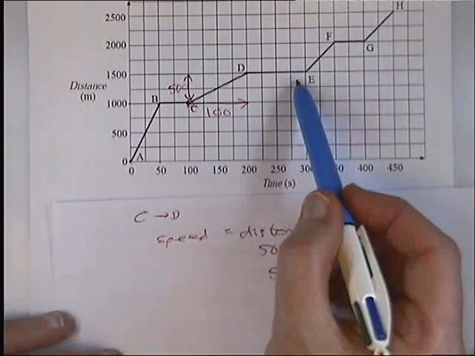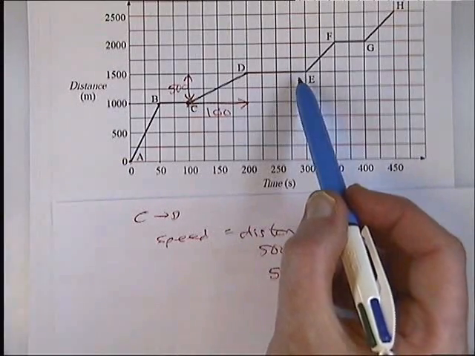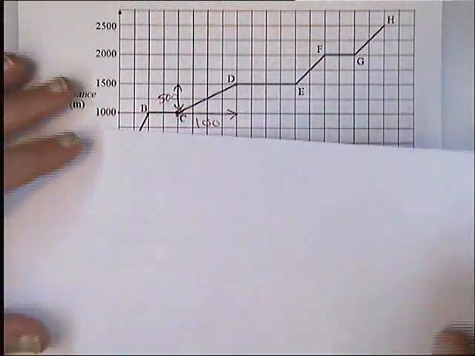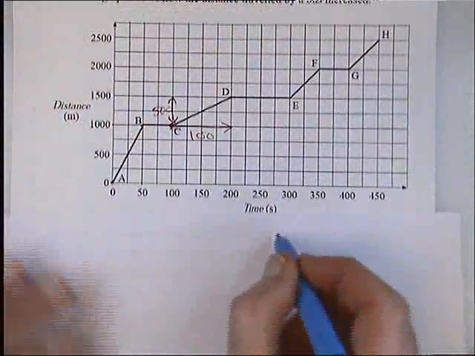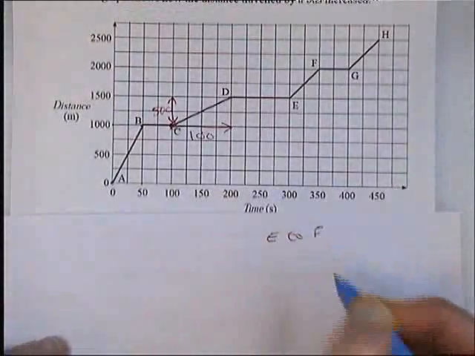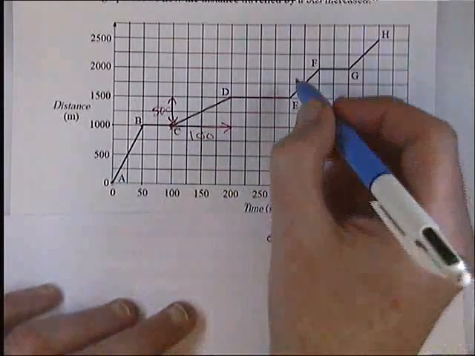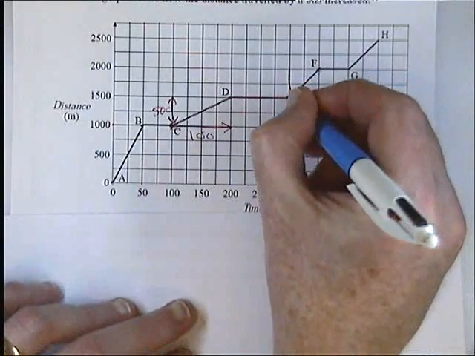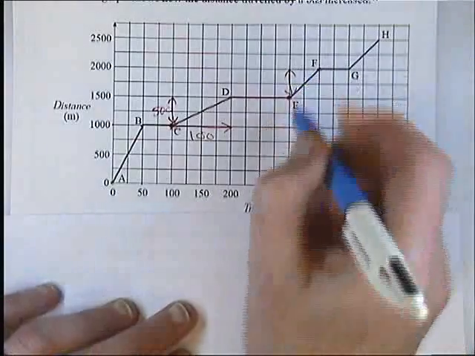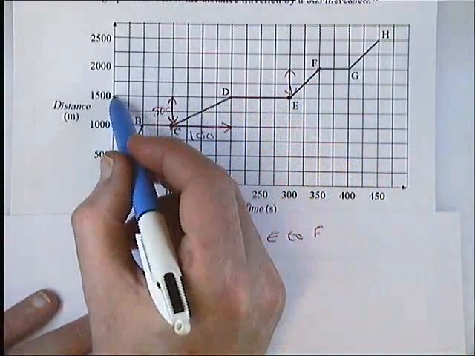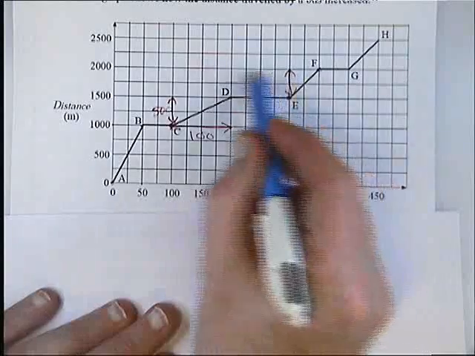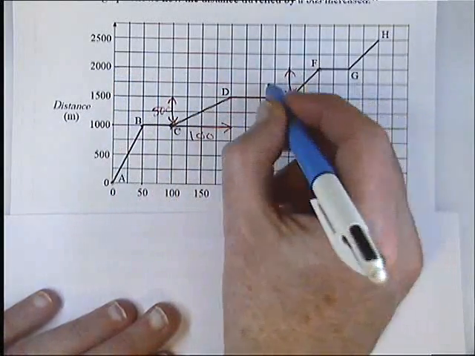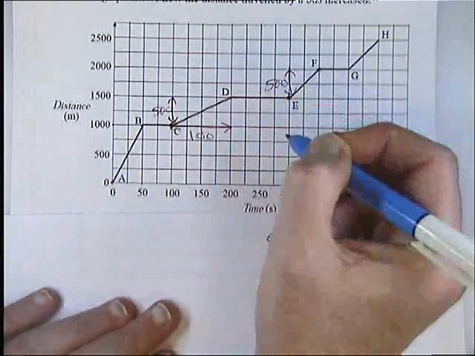D to E, it was stationary, it was not going anywhere, it stopped because that was flat. So the next part of the journey is from E to F, and I need to work out the speed between E and F. E is here, F is here. The distance is this distance here. That's from 1,500 up to 2,000. So from 1,500 up to 2,000, that is 500.